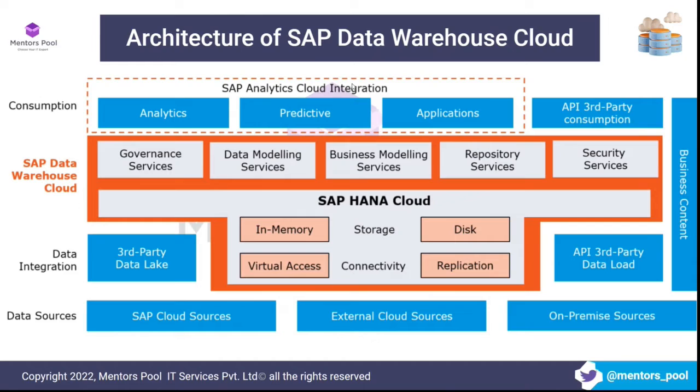Also, SAP has its own set of tools. We have SAP Analytics Cloud, which provides three capabilities: analytic, predictive, and analytic applications, etc. So there are a lot of ways in which the data warehouse cloud can bridge between data sources and your reporting layer. And that is the high level architecture of data warehouse cloud.